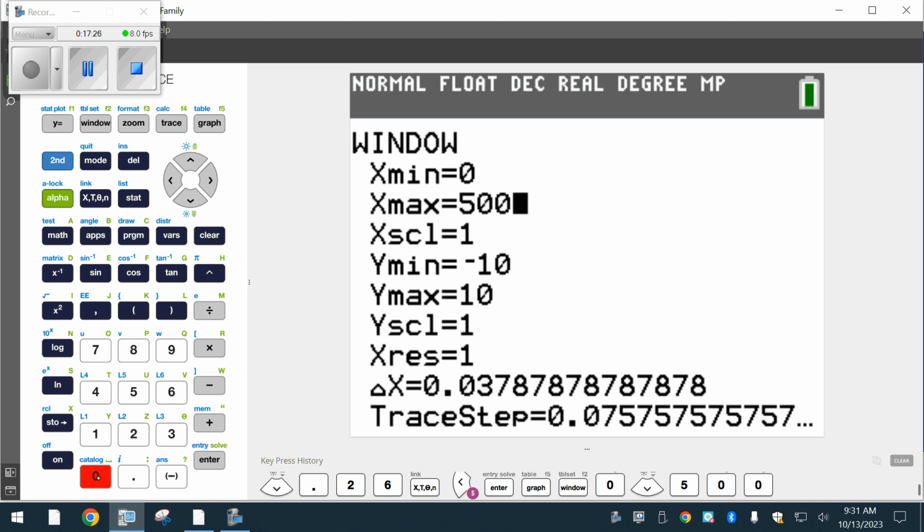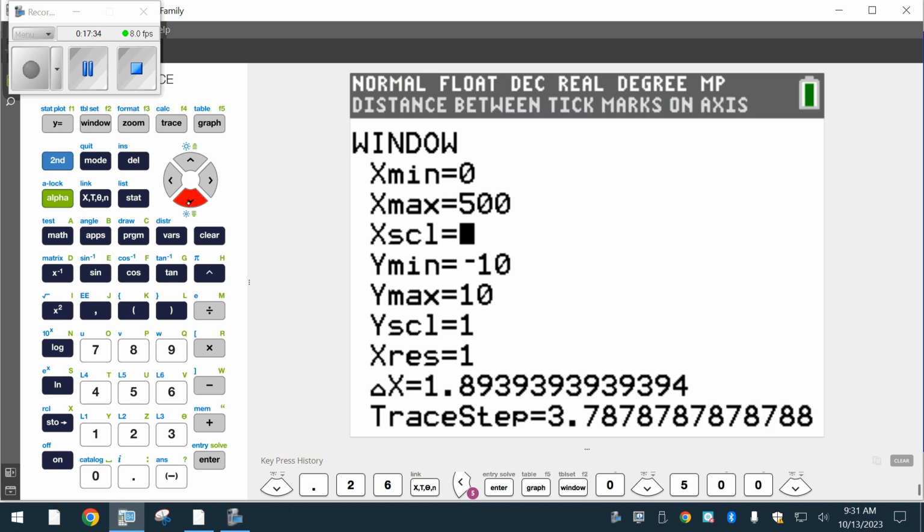Now, we probably do not want to go by a scale of 1. Just pick a number that you guys think would be nice. For 500, maybe 10 or even 100, right? We could try 10 if you want, or you could do 100. It doesn't matter. 100 will really space it out.